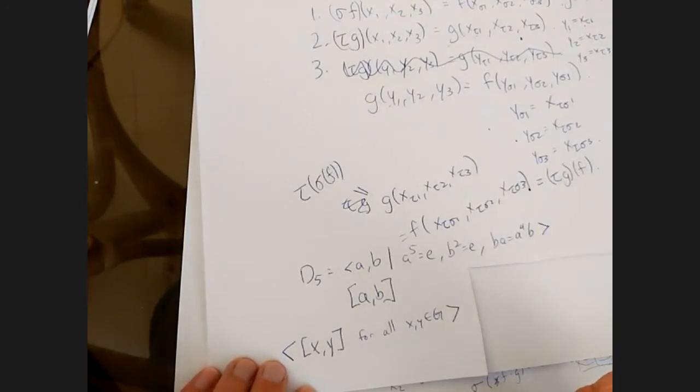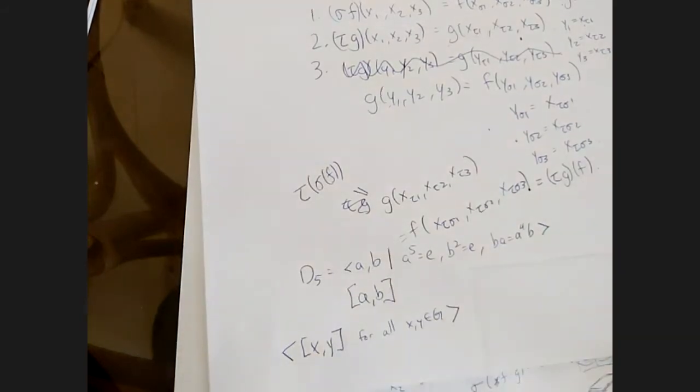I won't ask you to do this, but if I gave you some group and told you to compute the commutator, you'd have to take the commutator for every single pair of elements in the group.